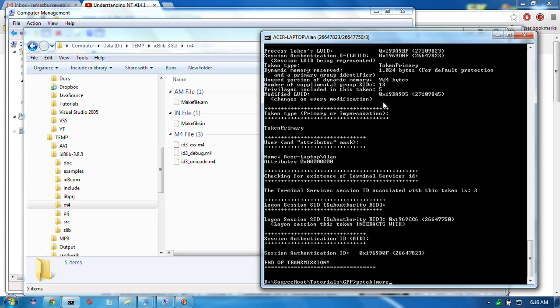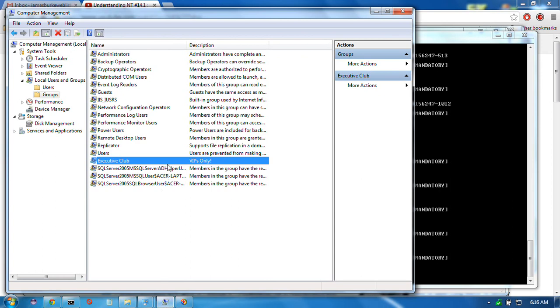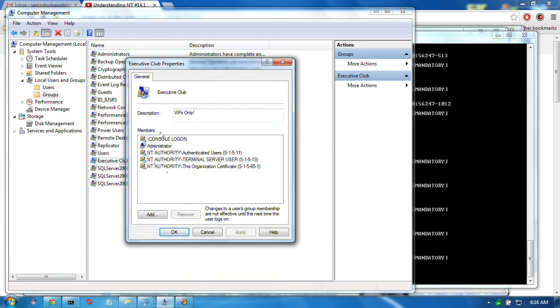And lo and behold, I'm still a member of the executive club. I checked in control panel, and I'm definitely not in there as a user. So somehow these aren't all users.